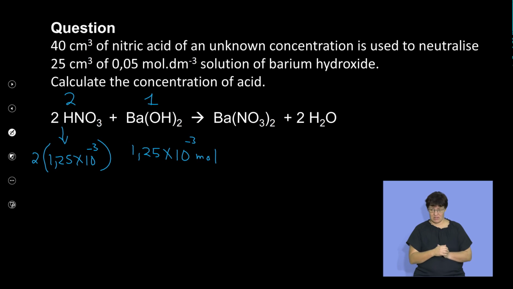Now, we are also told that the volume is 40 cubic centimeters. If we want to find concentration, we know that concentration is number of moles per unit volume of solution.